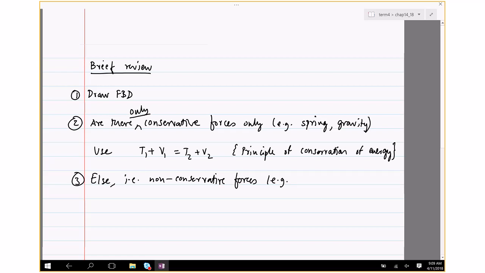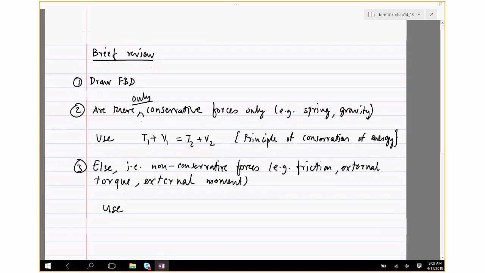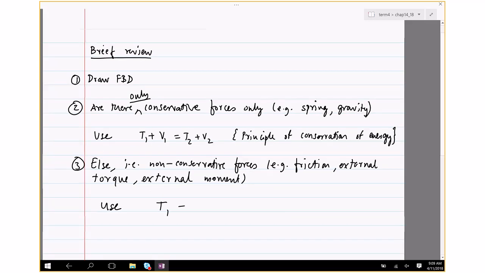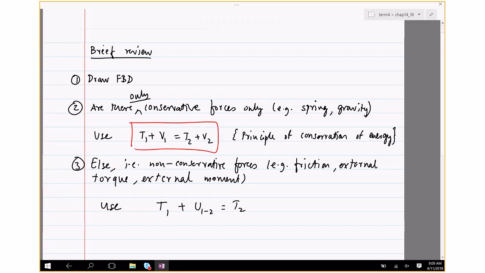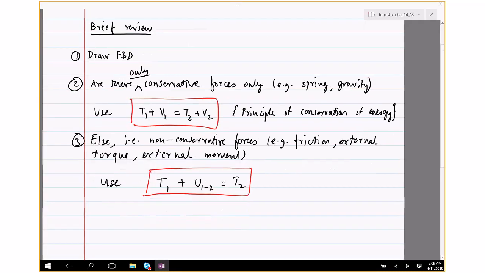Non-conservative forces are friction, external torque, external moment. Use T1 plus U12 equals T2. Okay.